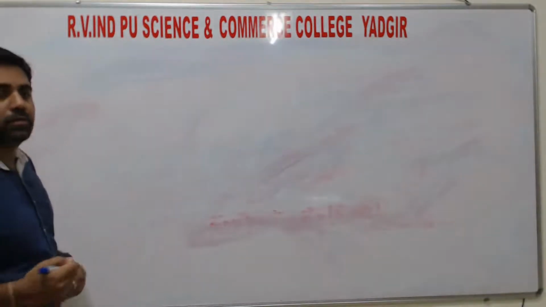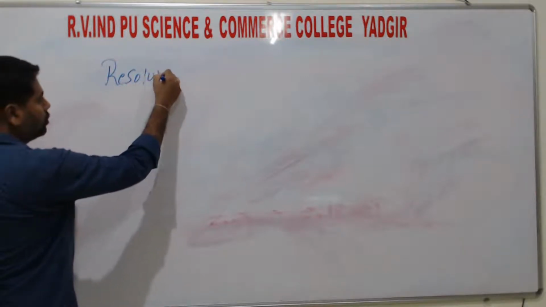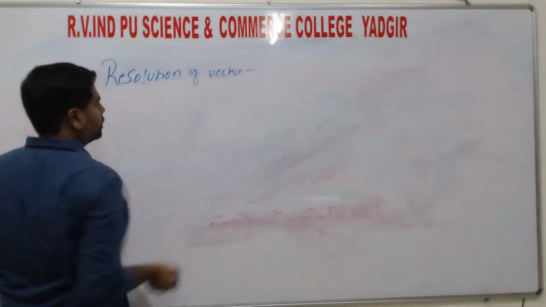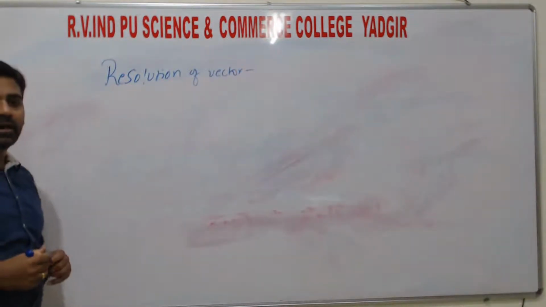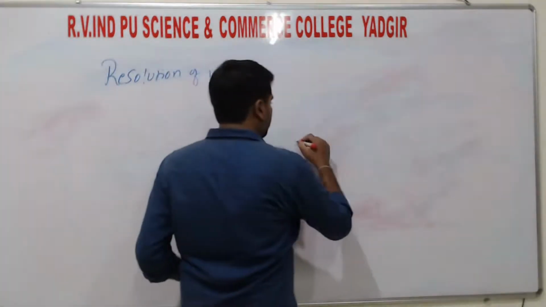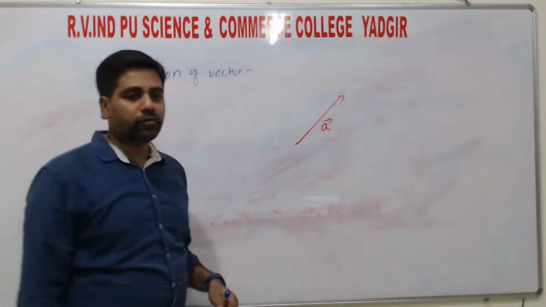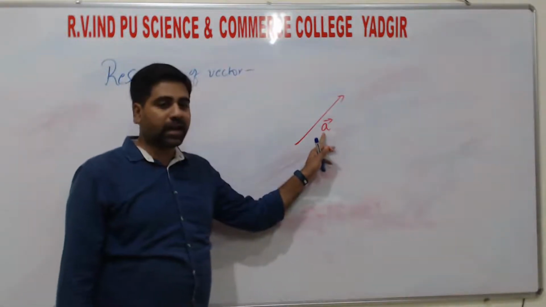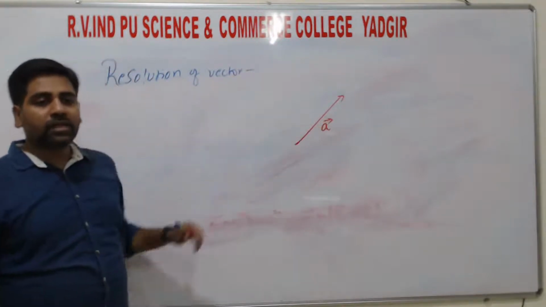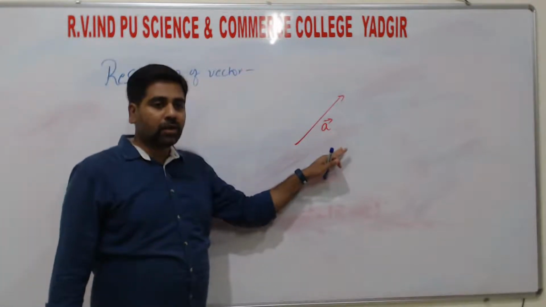So next, the topic is resolution of vector, right? Resolution of vector is nothing but, if any vector we have, so this is one vector. If we consider this vector as vector A, this vector can resolve into its components, that is, we can split this vector into its components.